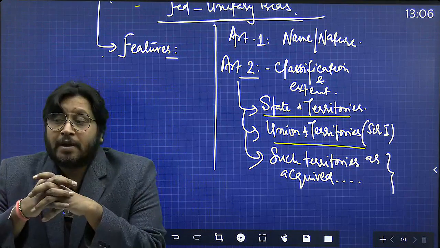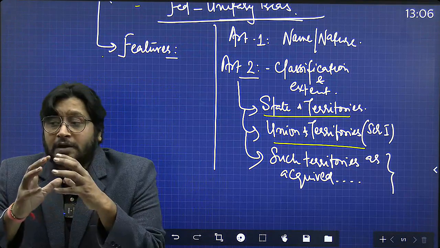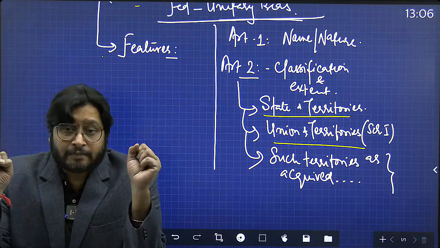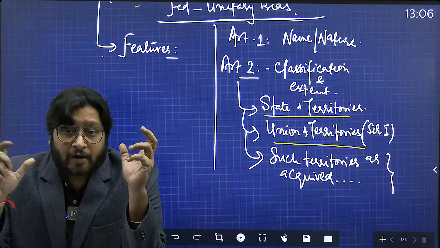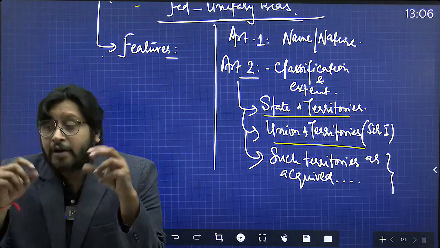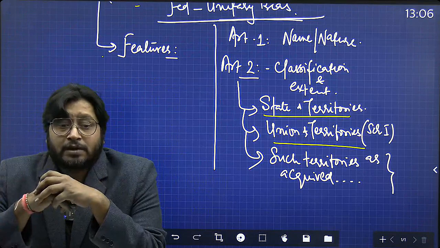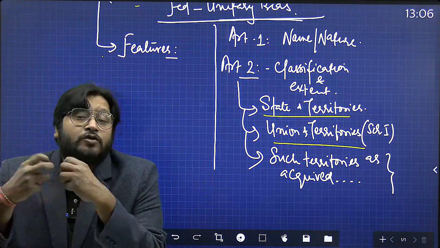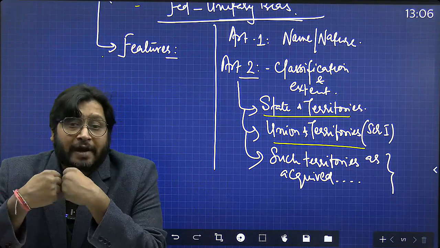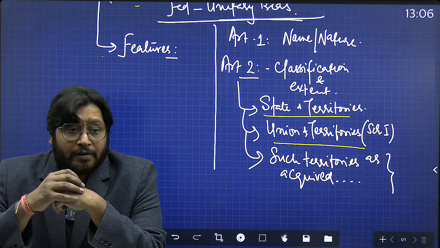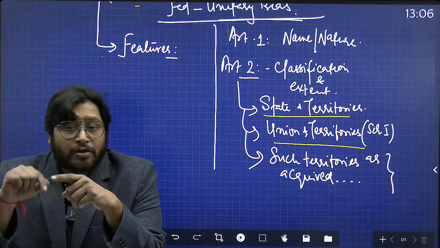For example, let's say India acquires or has sovereign control over a part of Iceland, or Greenland. Now there's a lot of conflict going on there, right? So let's say India has one particular area whose sovereignty belongs to India. Right? India exchanged some enclaves with Bangladesh, so whatever earlier territory was there is no more there.